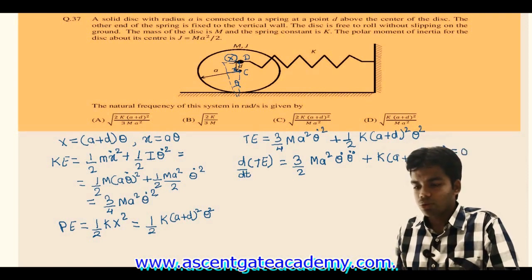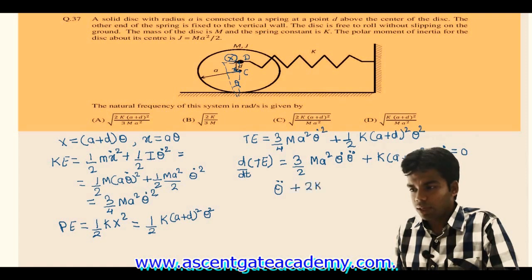Getting this now? Total energy is constant, its differentiation is equal to 0, so theta double dot plus 2k by 3 ma square into (a plus d) whole square into theta should be equal to 0.